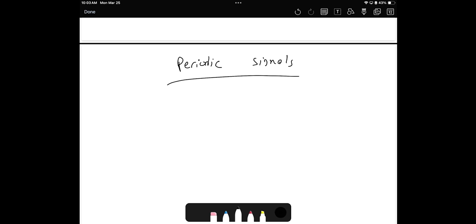Repetitive, yes. And it must not only be repetitive, it should be repetitive regularly. So what does this mean? It repeats itself every specific period of time.